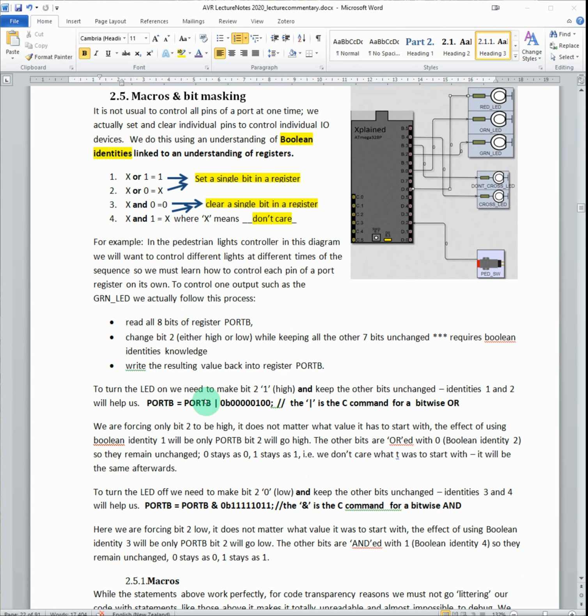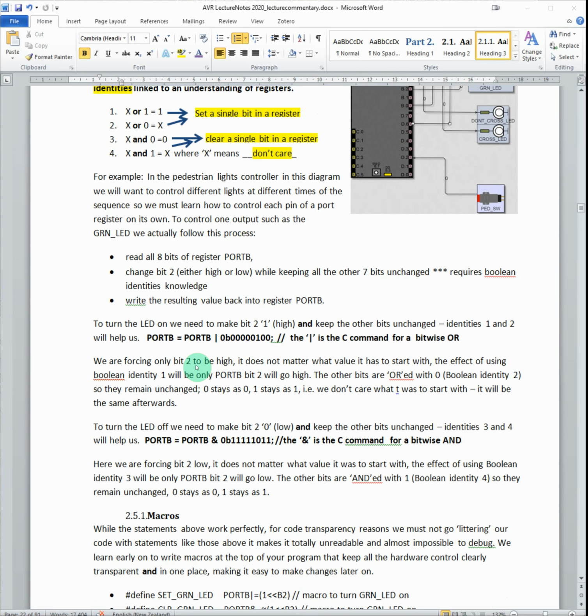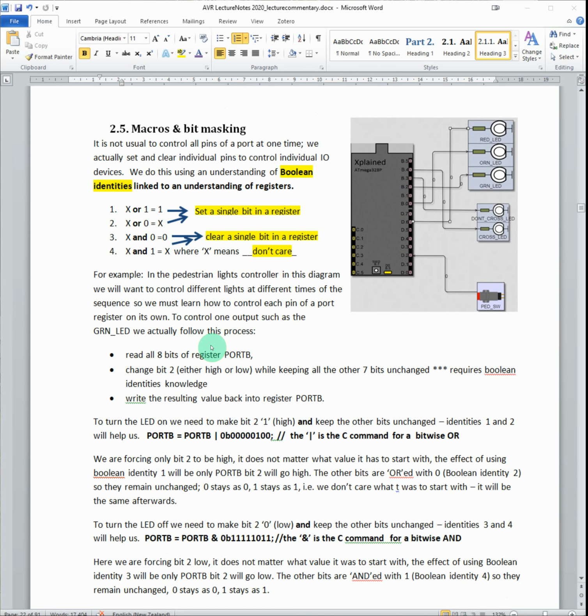And in this example I'm using B2, when B2 is connected to the green LED here. We only want to force that bit high, we want to keep the other bits as they are. And so you can see the clue here is if we want to force a bit high, then we need to OR it with 1. But if we OR the other bits in the register with 0, then they will maintain their existing value.